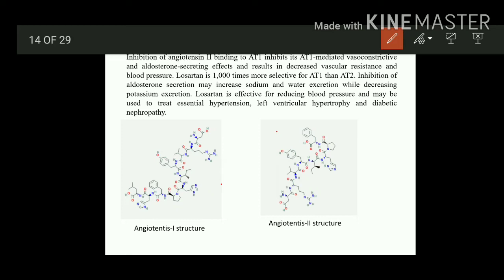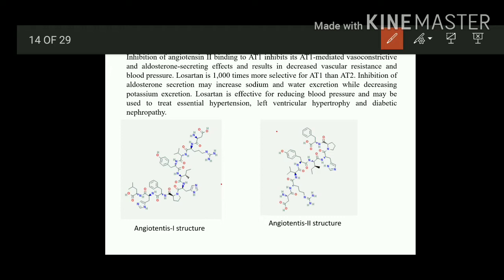So parallelly, we are going to achieve the mechanism of inhibiting vasoconstriction and aldosterone secreting effect. So the final output is decreasing the vascular resistance and blood pressure. If you see the feasibility, losartan is 1,000 times more selective for AT1 than AT2.